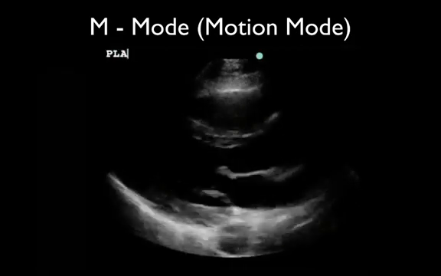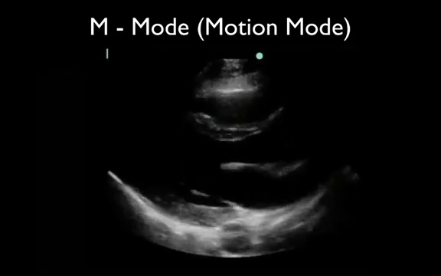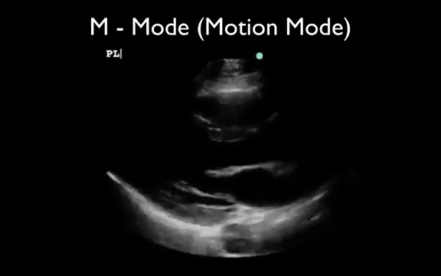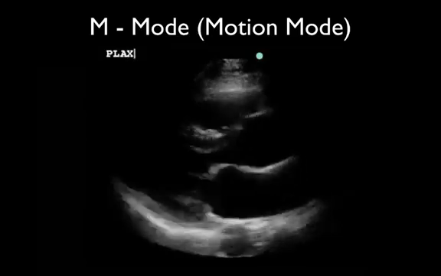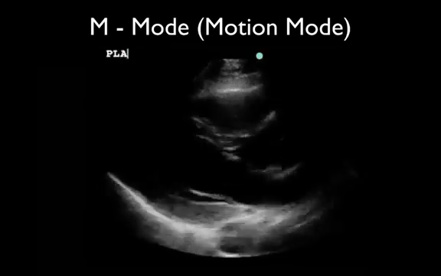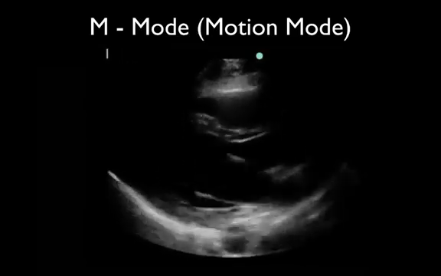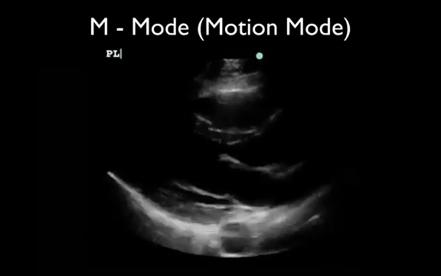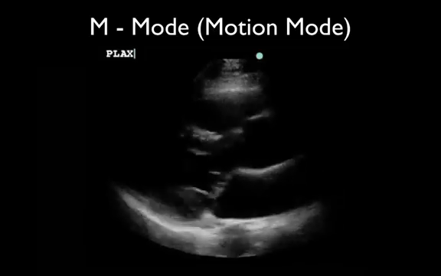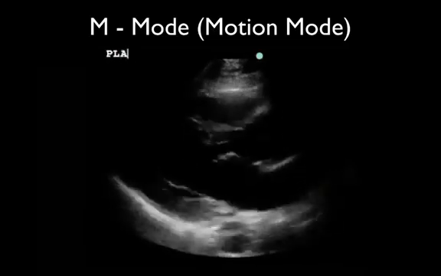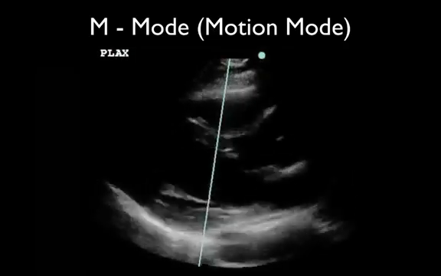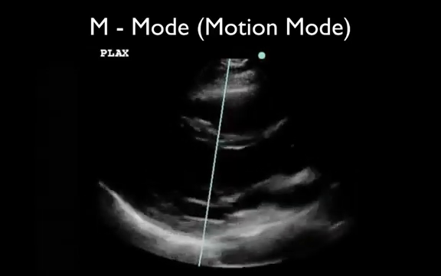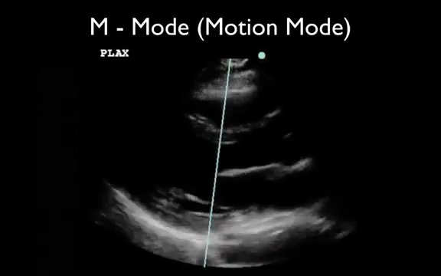As we look here, it looks like it's hitting it pretty well. This is a pretty good ultrasound image of a parasternal long axis, and we can see it's approximating that septal wall pretty well. But if we want to measure that or document that in a still image, or just because our eyes can't appreciate it as well, we can do a motion mode. On your screen there will be an M mode button, and it will give you a line, and you place that line where you want to get your sample.